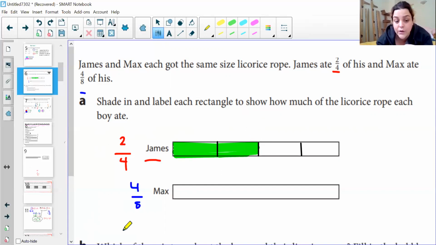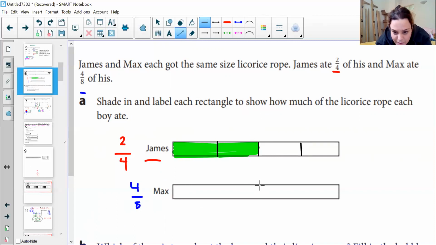Max ate 4/8, and I'm looking at the denominator, which means that's how I'm going to partition the licorice rope. And 8 is an even number, which means I'm going to do the same. I'm going to start by partitioning it right down the middle in halves. I'm also going to use these lines. And then I'm going to have to go in and split those up like we did earlier. Trying to make it as even as possible, or as equal as possible. That looks about right.